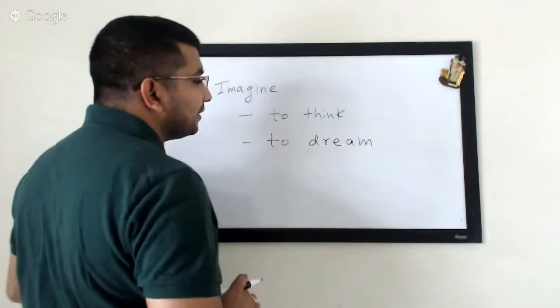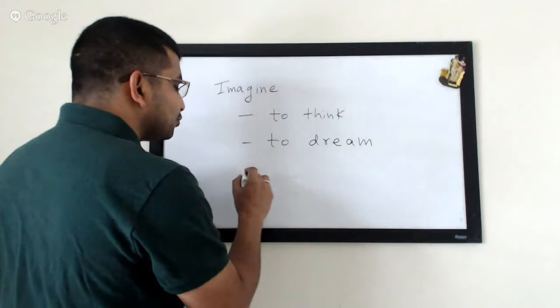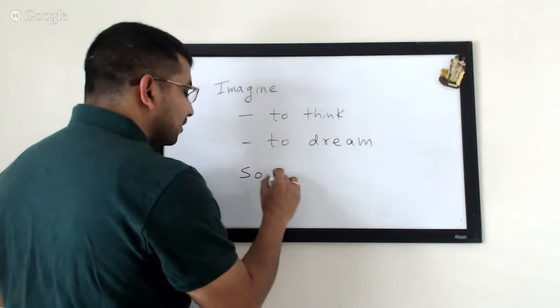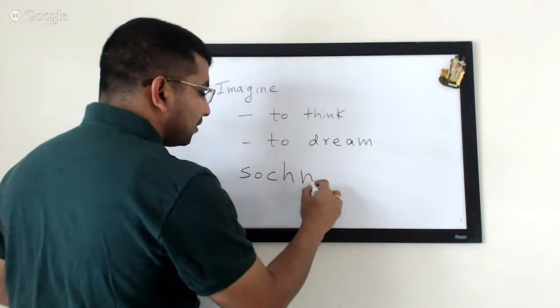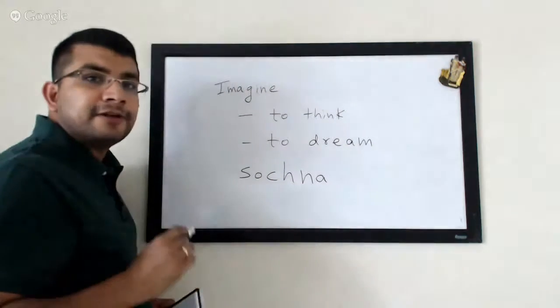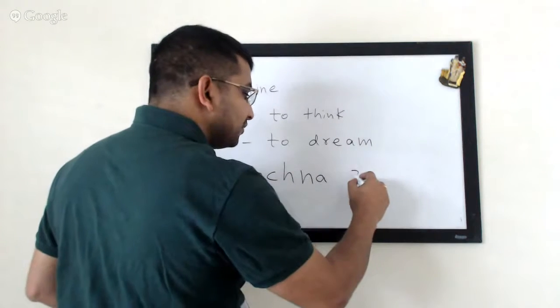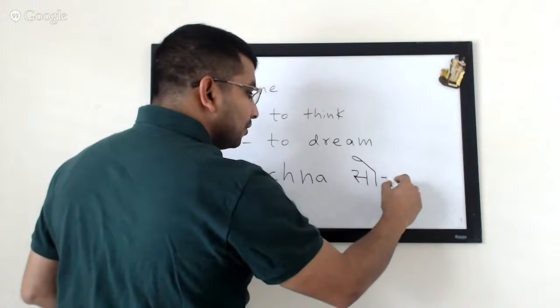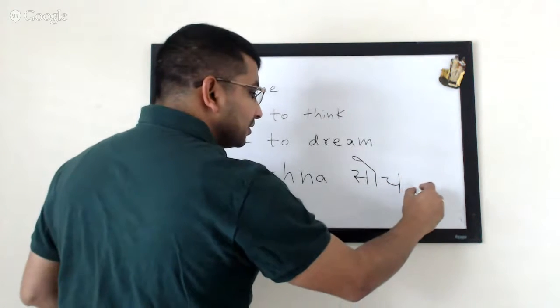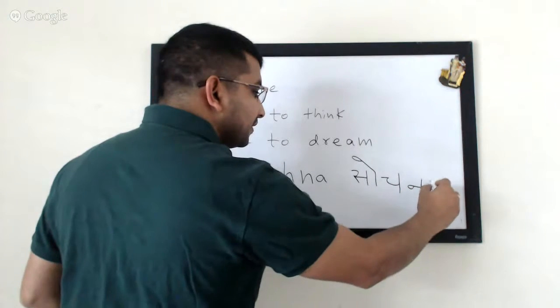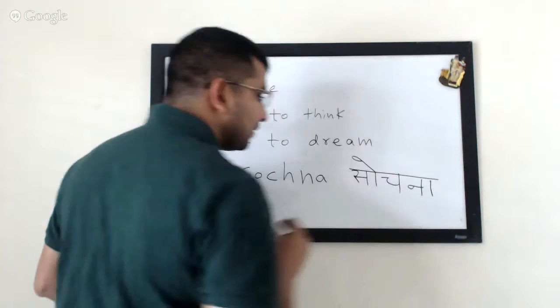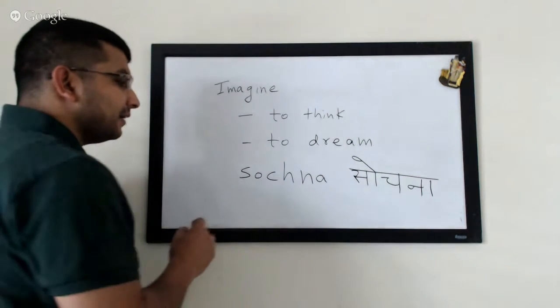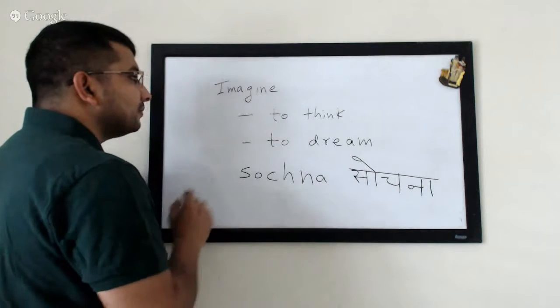To think, we have learned a word, right? Sochna. The way you write it is you write it sa with o, then you write ch, and then there's a na with a, sochna, right? And also there's another one because it's imagine.